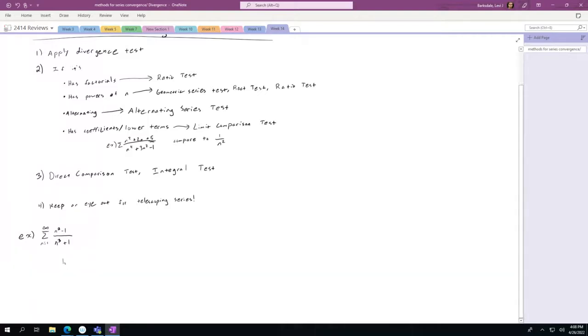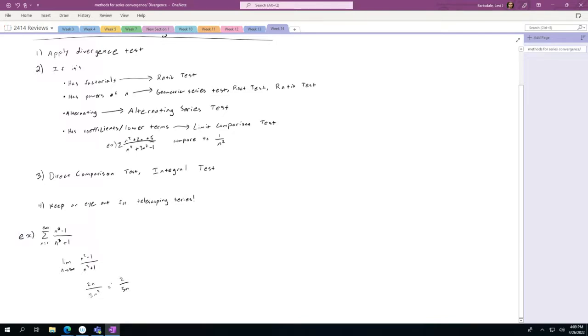Let's really quick just go over the limit. So we're taking the limit as n approaches infinity of n squared minus 1 over n cubed plus 1. I could apply L'Hopital's, which would get me 2n over 3n squared, which is 2 over 3n.